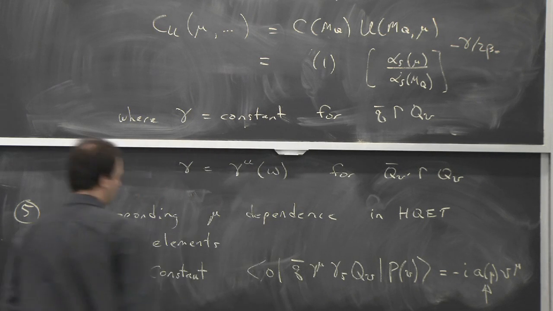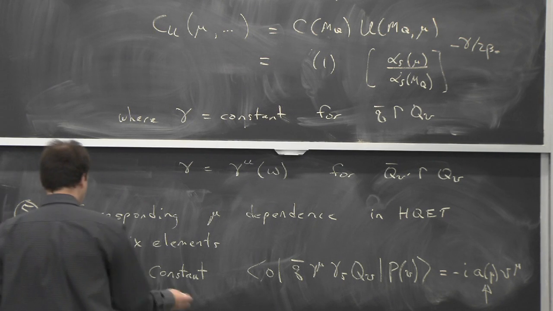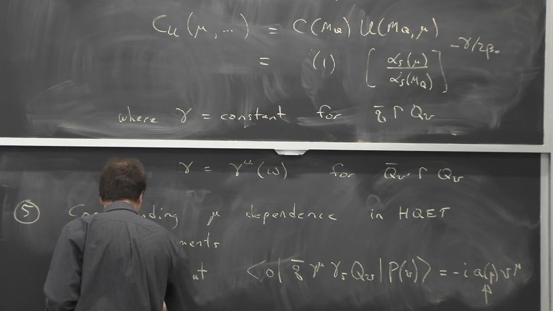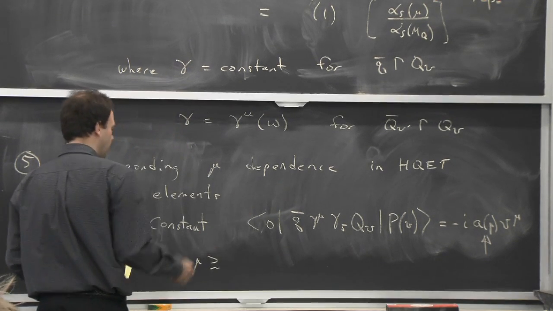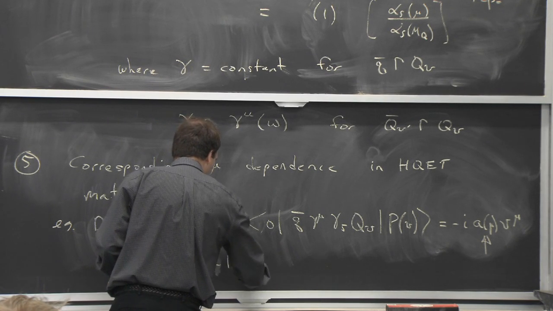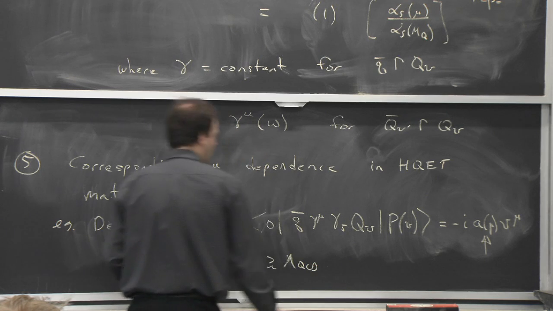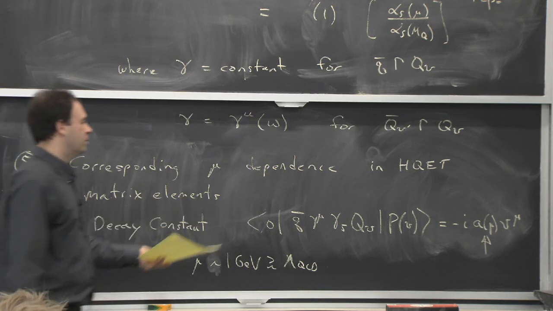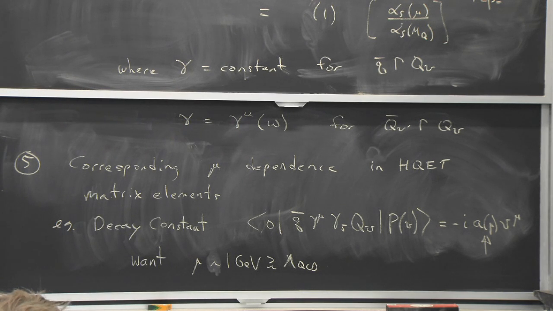Okay, so that's just a slight modification to what we talked about last time. And again, for this matrix element, you want mu to be, say, a GeV or some scale that's greater than lambda QCD. So what you would do is evaluate matrix elements and define that parameter at some scale like a GeV, and do renormalization group evolution from the heavy quark mass down to a GeV.